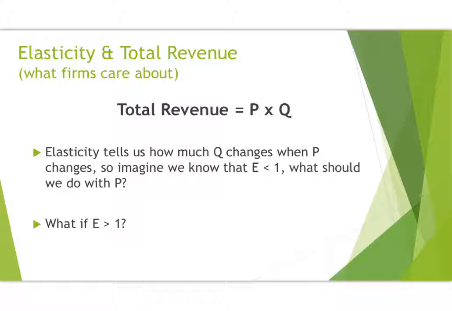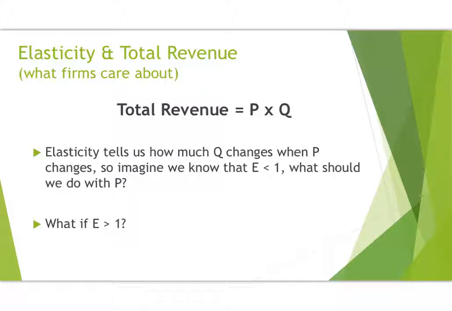So for example, what if we know that our measured elasticity is less than 1? What should we do with price? Last time we said we look at elasticity and compare it to 1 in absolute value. If it's less than 1, we say demand is inelastic. If it's greater than 1, we say demand is elastic.